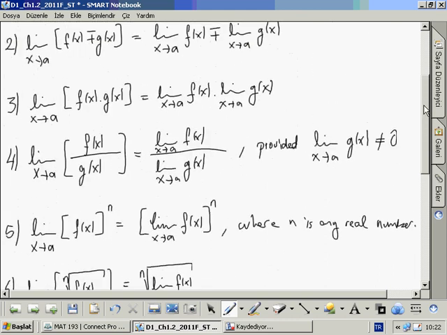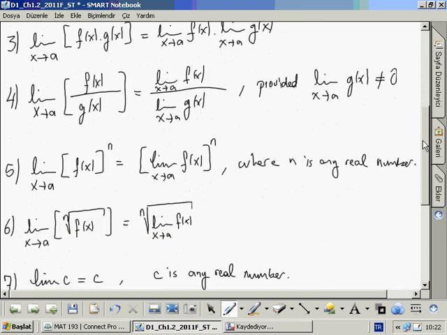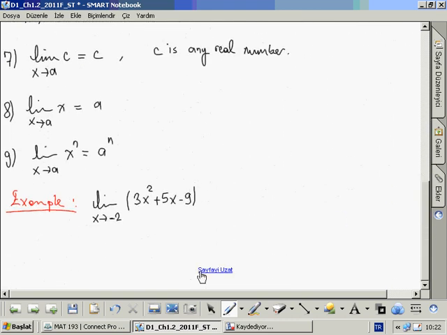Firstly we will use property 2, which is the sum of functions, to break up the limit into three separate limits, and we will then use property 1 to bring the constant out of the first two limits.